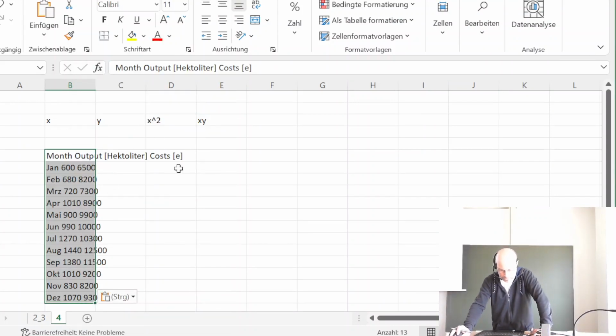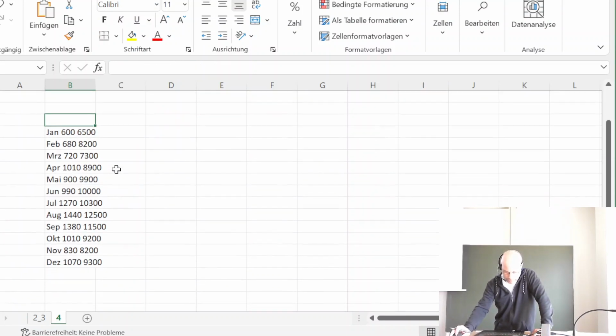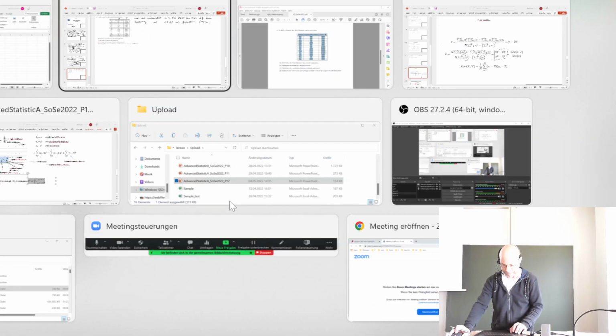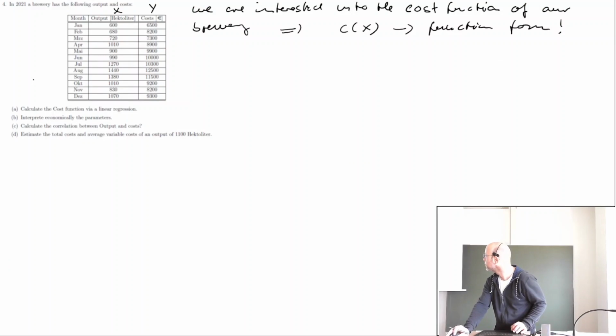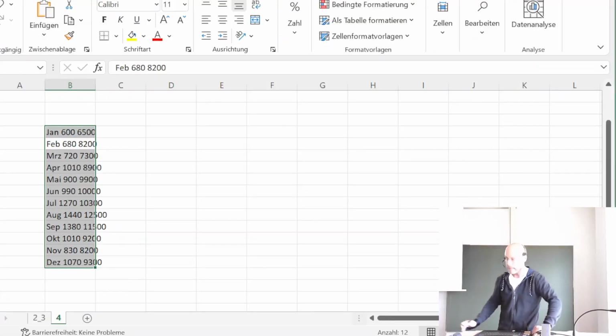This form of the data is not that nice, but this happens quite often if you are just copying data from some other files, from PDF files.